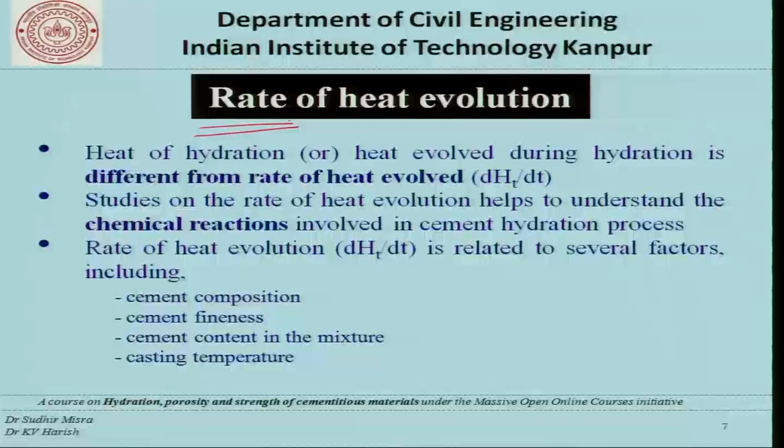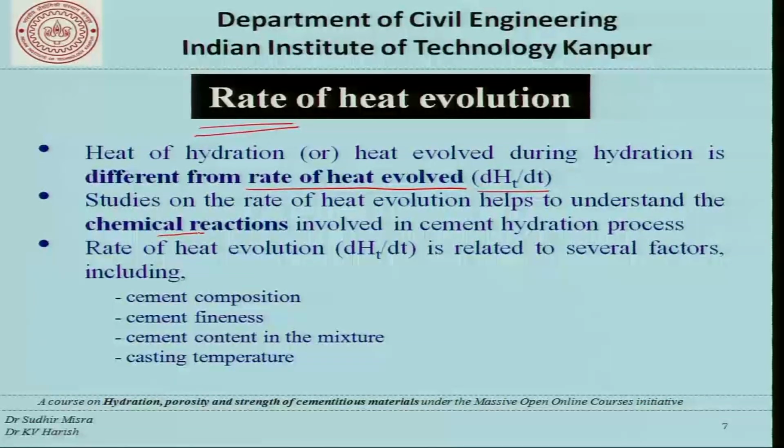From that point of view, we talk in terms of the rate of heat evolution, which is basically dH by dt, and studies on the rate of heat evolution help us understand the chemical reaction or the reaction kinetics involved in the hydration process of cement.